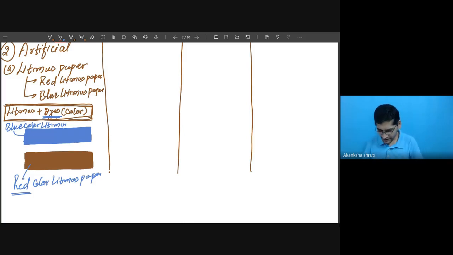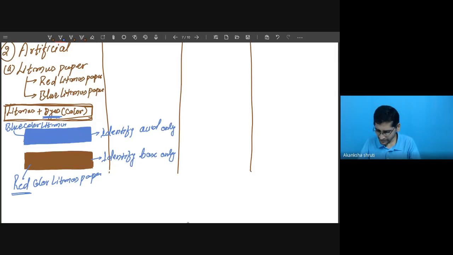So this blue color is useful for identifying the acid. So this can identify acid only. And this red color can identify base only.